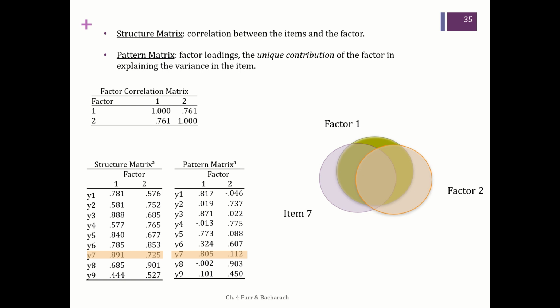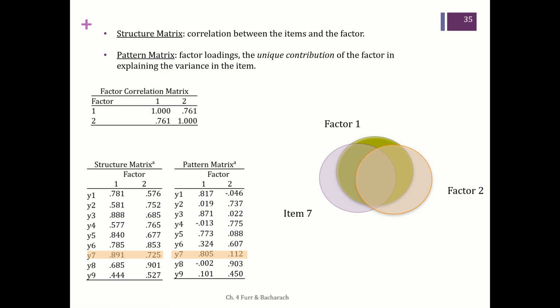What we have in the pattern matrix, where we have the unique contributions, the factor loadings, is not total overlap, but unique overlap. So the 0.805 that we have for item 7 and factor 1 in the pattern matrix is that part of the overlap between the blue circle and the green circle where there is no overlap with the red circle.